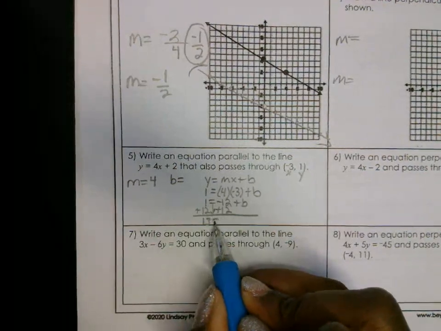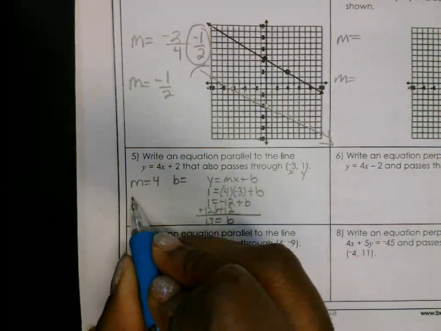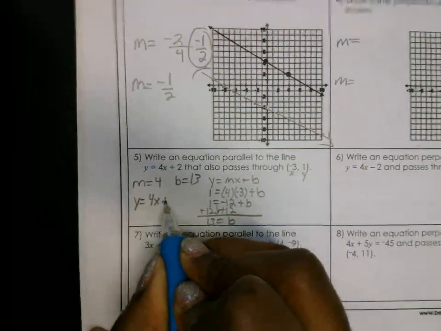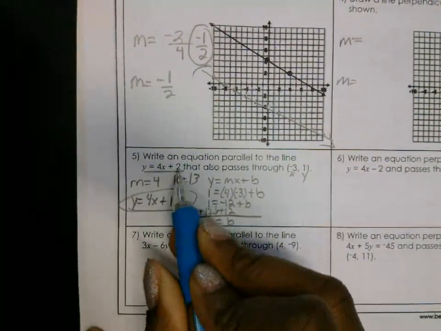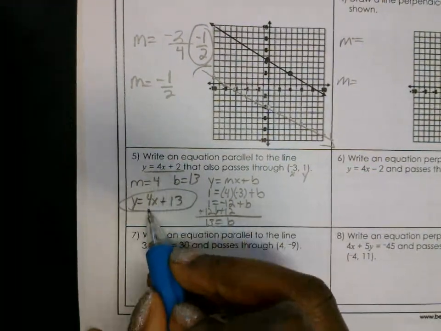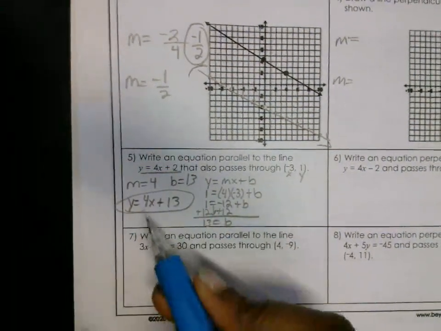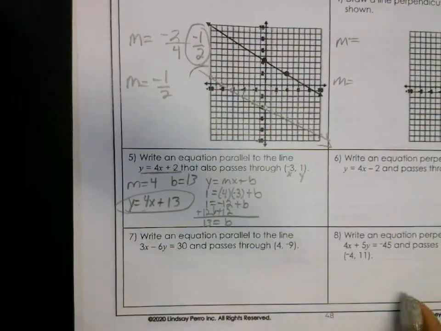So b is equal to 13. So my equation is going to be y is equal to 4x plus 13. These two lines are going to be parallel. They have the same slope, okay? This one crosses at 2 and this one crosses at 13, but because they have the same rise over run, they're parallel to each other, okay?